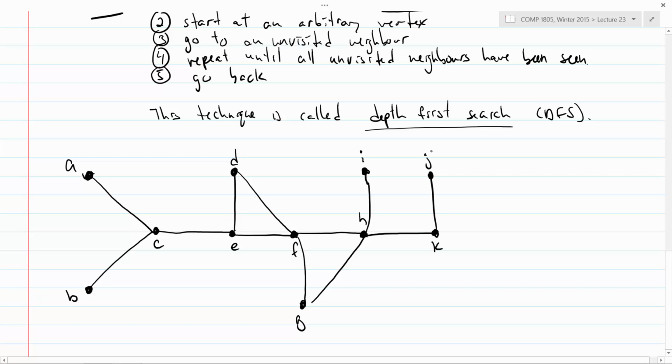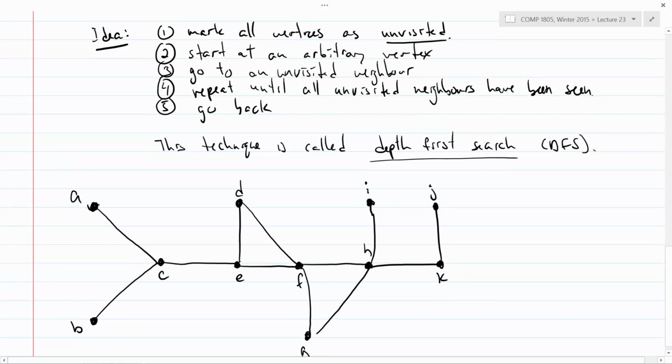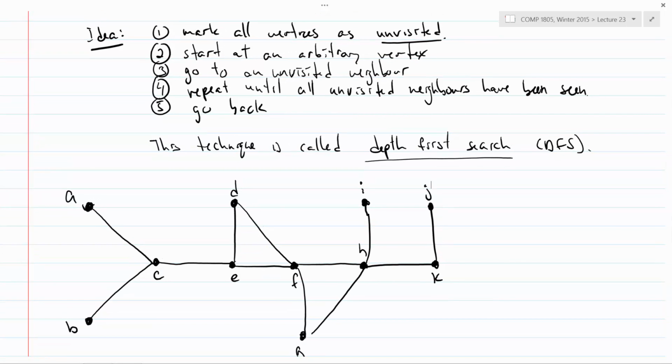So this is my graph. This is what I'm doing. And initially, the idea says initially, all vertices are unvisited. So I'm going to say if there's no notation, it's unvisited.